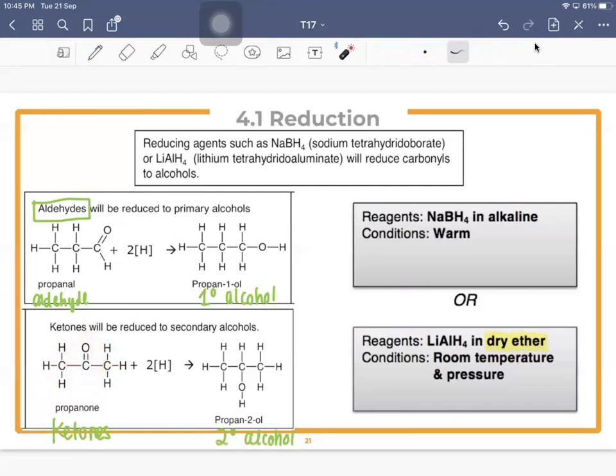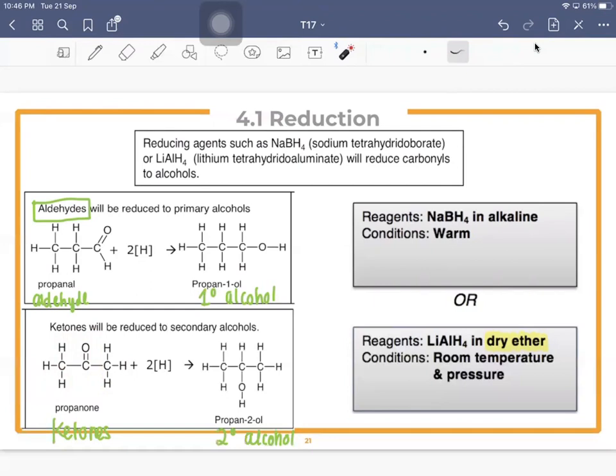Now for propanone, you don't have to number them because there is only one place where the C double bond O can sit. It has to be in the middle. Okay, it cannot be at the end. So numbering the C double bond O in the naming is, we call it redundant. It's not compulsory.